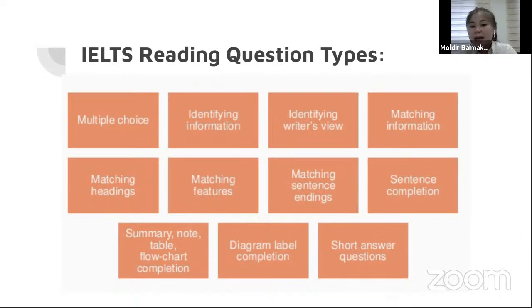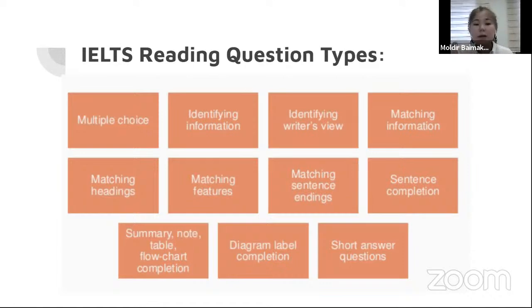Okay. And identifying information. Identifying information is actually the true, false, not given question. It is called identifying information because basically what we have in true, false, not given is that we have several statements and we have to identify, is it true, false, or not given, based on the text itself.